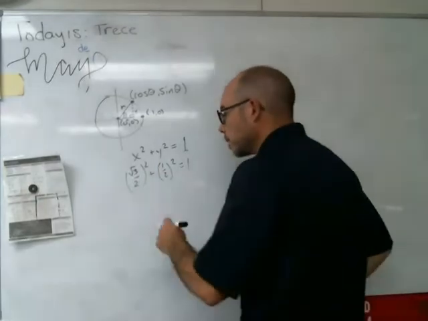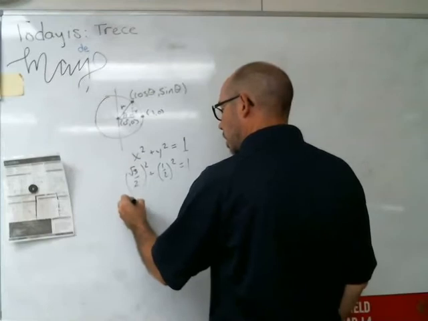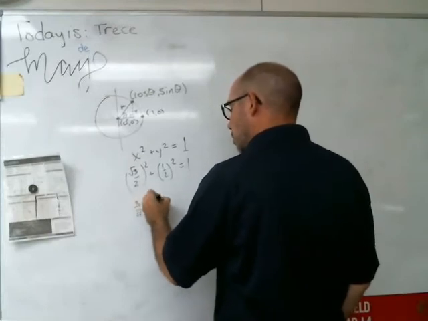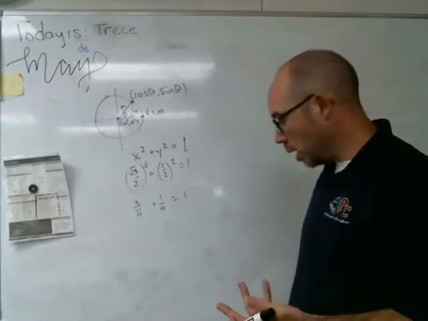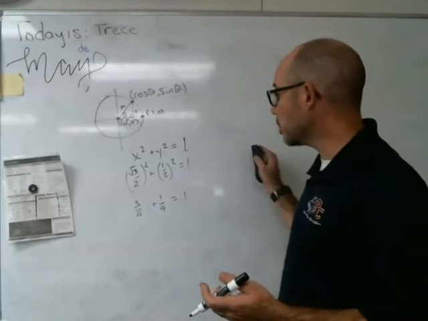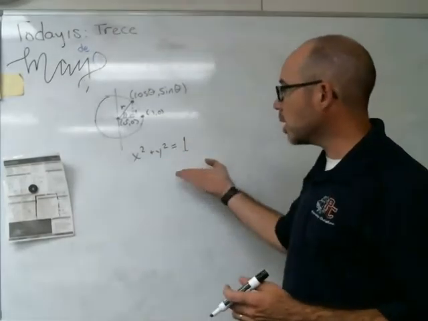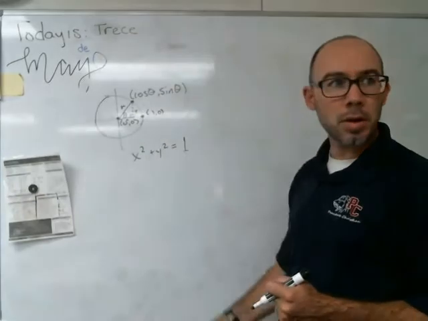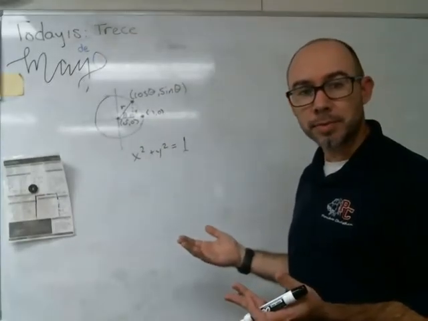Bringing in the trigonometry, we would get 3/4 plus 1/4. Yes, that's true. So we know that it works for triangles, but really, we can think of it in terms of circles. And this, my friends, is the equation of the unit circle, its algebraic equation.